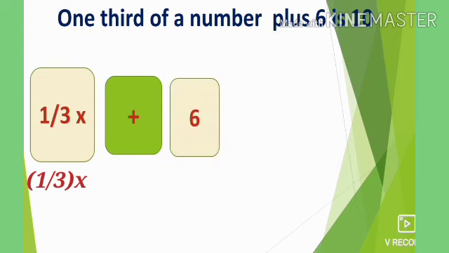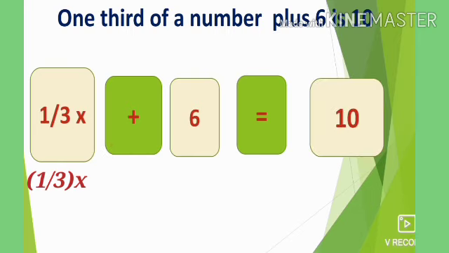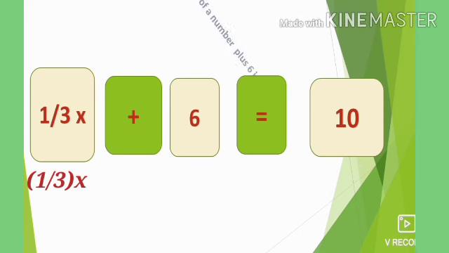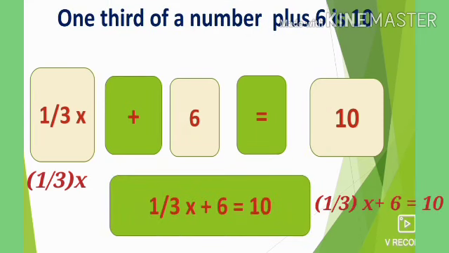Plus 6, that is we have to add 1 by 3x with 6. We know that "is" represents the equal to sign in the equation, and the algebraic expression is equal to 10. Now, we get 1 by 3 x plus 6 is equal to 10, which is the required algebraic equation.